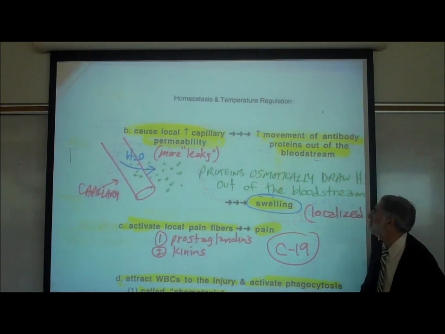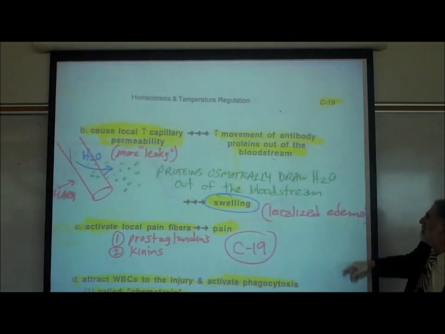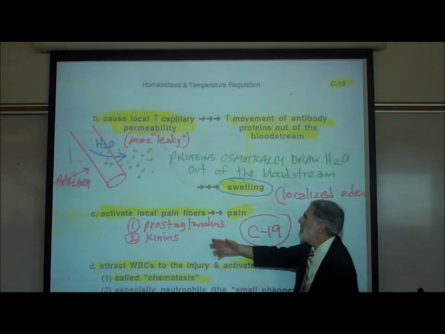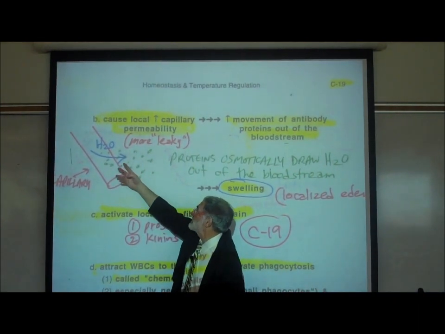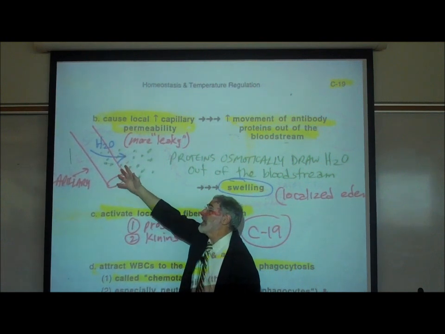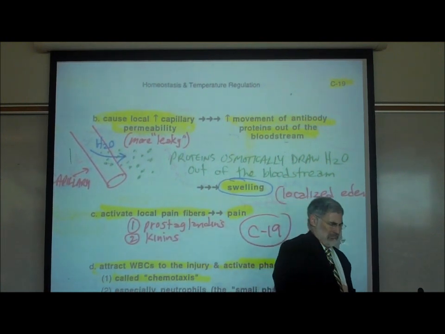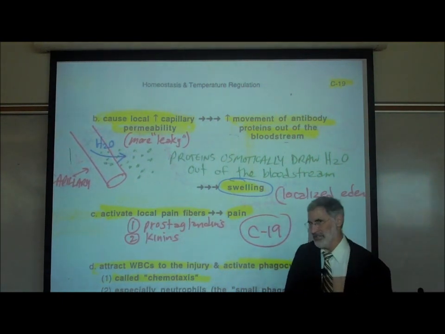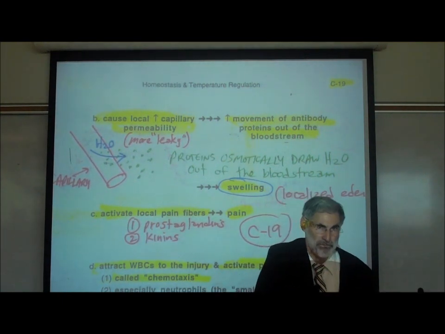But as the proteins leak out of the vessel into the injured tissue, they osmotically draw water with them. They osmotically draw water out of the bloodstream. You'd say, what? As the proteins represented by my green dots go out, they osmotically pull water with them. You'd say, I don't get that. Do you remember we learned when we reviewed osmosis that water follows solute?